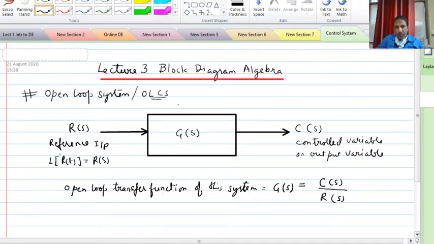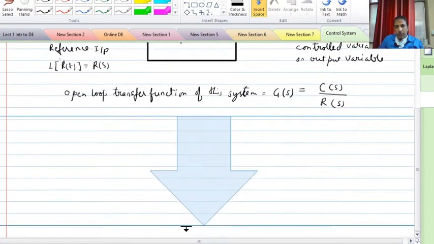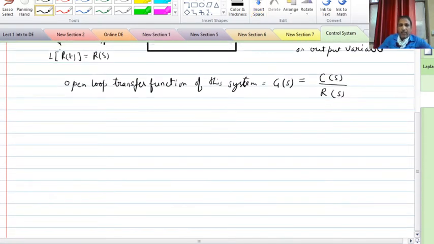Okay, now let us continue with the next type, that is the closed loop control system.